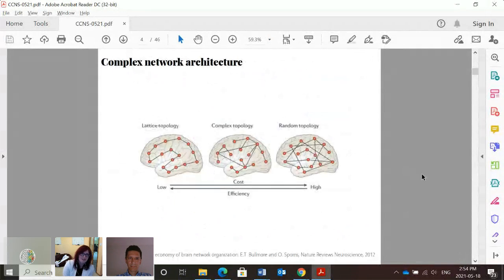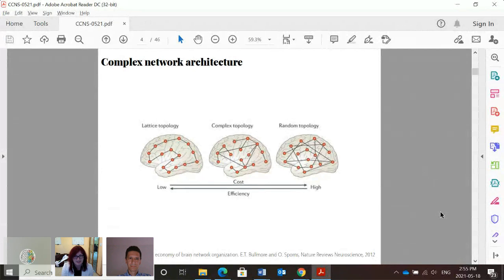This is where we got to last time. The human brain time and time again has been shown to not exist in a state of perfect order, like a lattice, like you're seeing on the left, and not in a state of perfect randomness, like you're seeing on the right. It exists in this complex topology in the middle, where we see some order and some randomness.